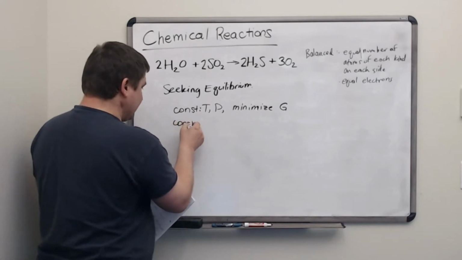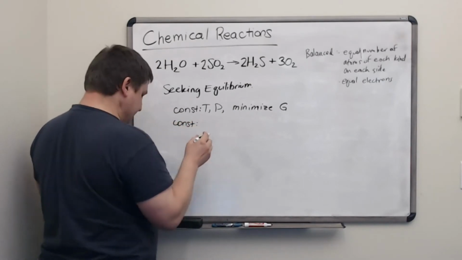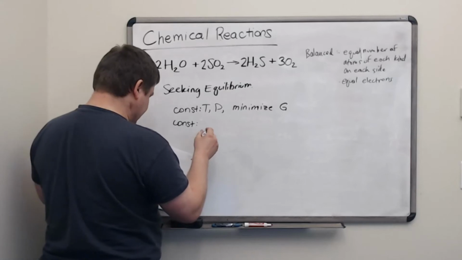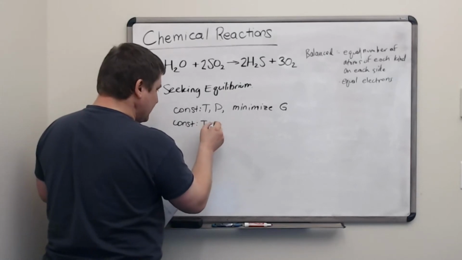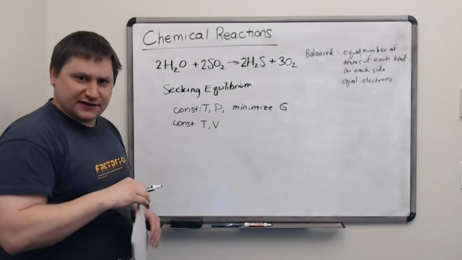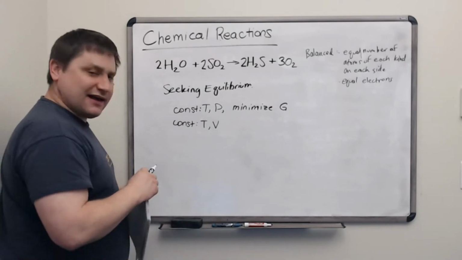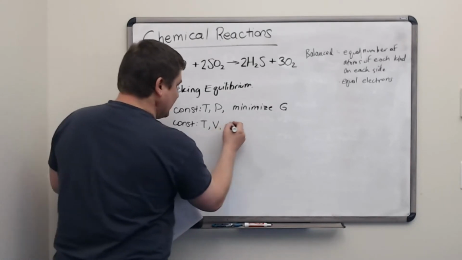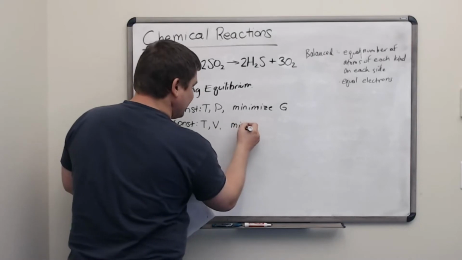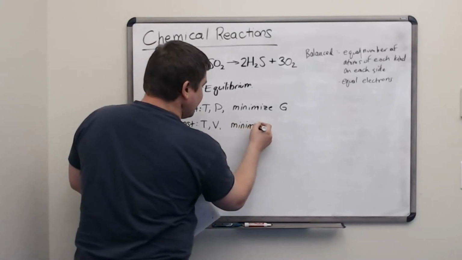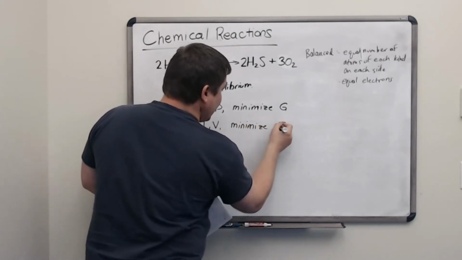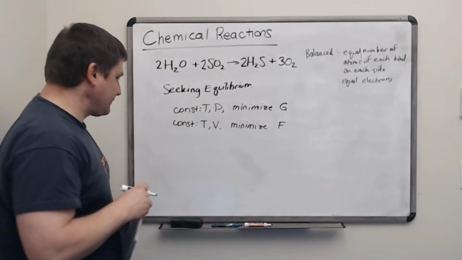If we maintain a constant temperature, but perform our reaction in a sealed vessel, so it has constant volume, then we know that nature will spontaneously do processes that minimize the Helmholtz free energy.